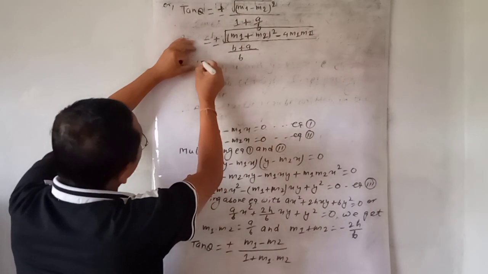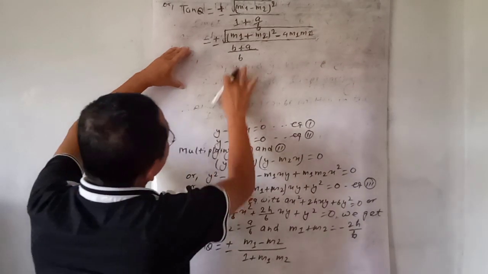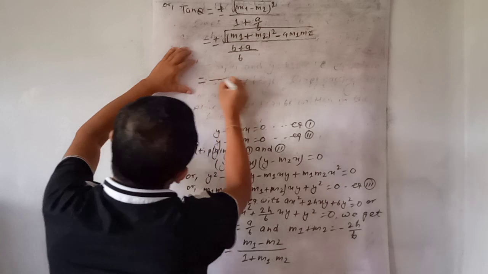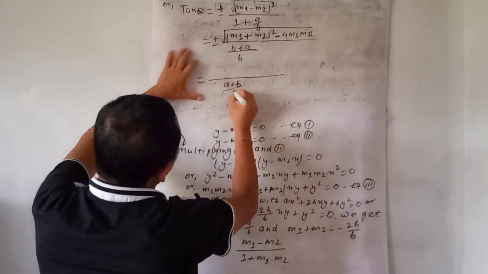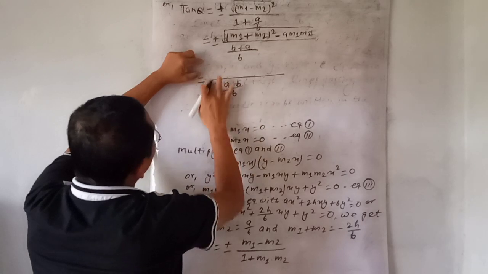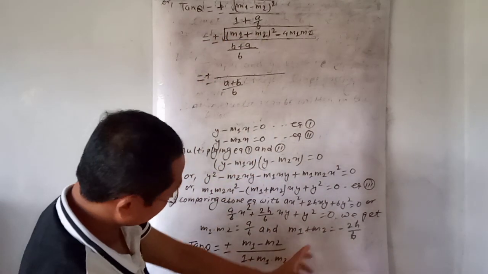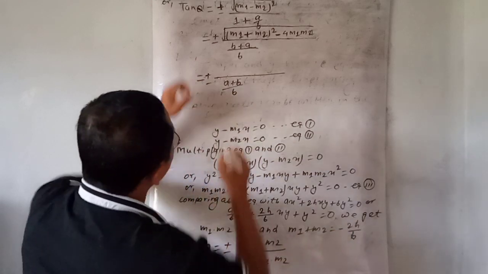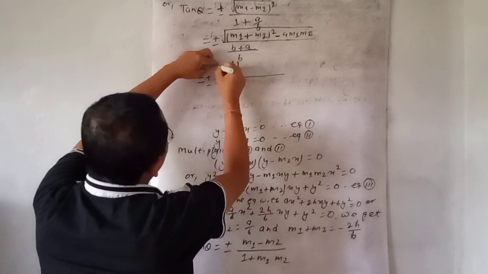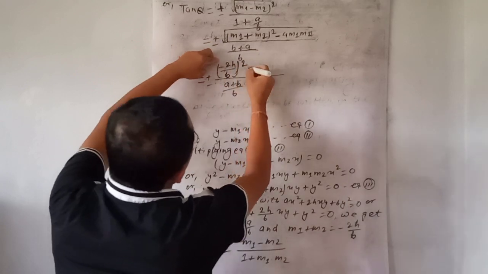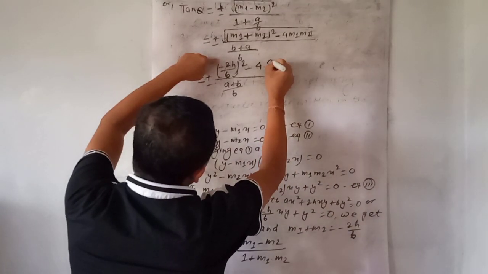Now we can put the values here. It equals b plus a, arranged as a plus b by b, plus minus the square root of m1 plus m2 whole square, where the m1 plus m2 value we have calculated is minus 2h by b, so minus 2h by b of whole square, minus 4 into m1 into m2, whose value is a by b.